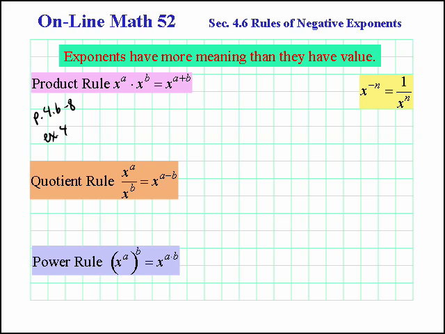So the first one I see is part A, x to the 7th times x to the negative 3. Using the product rule, and we use product because of the multiplication here, we get x to the 7 plus negative 3. And that becomes x to the 4th. And we're done. Voila! X to the 4th.